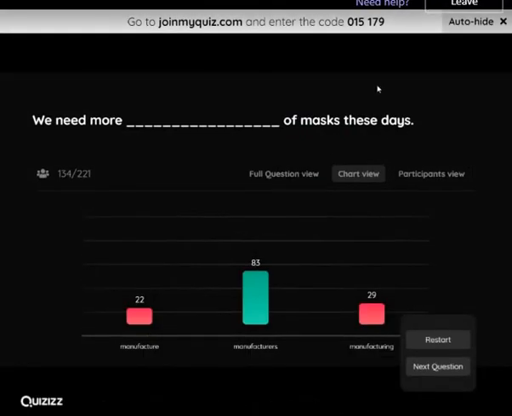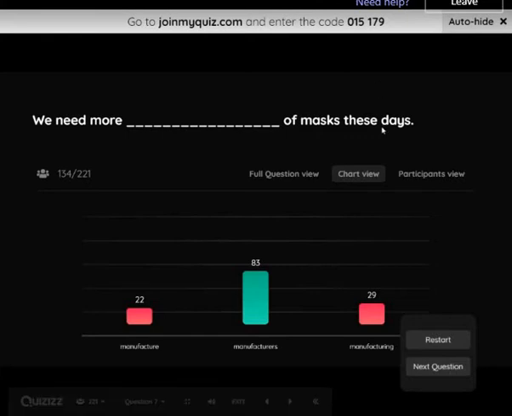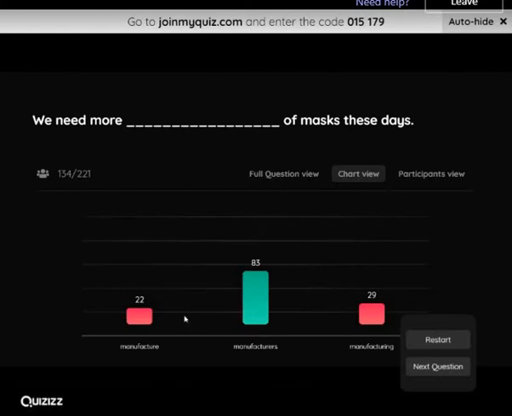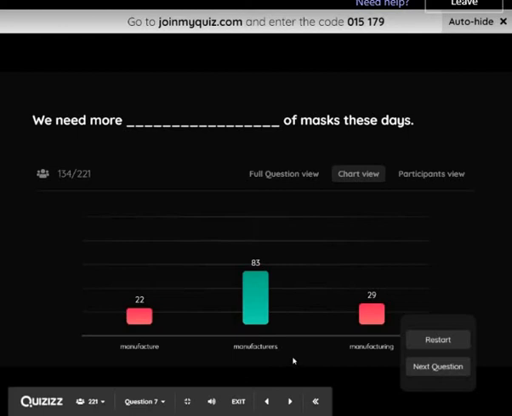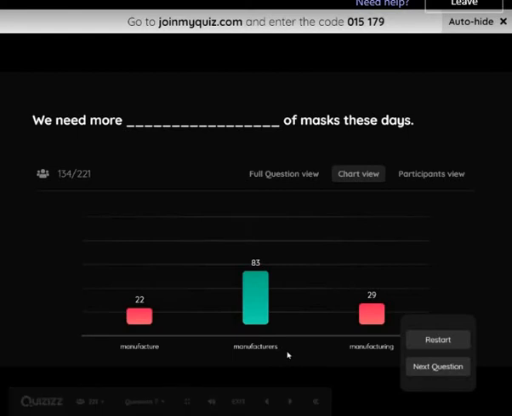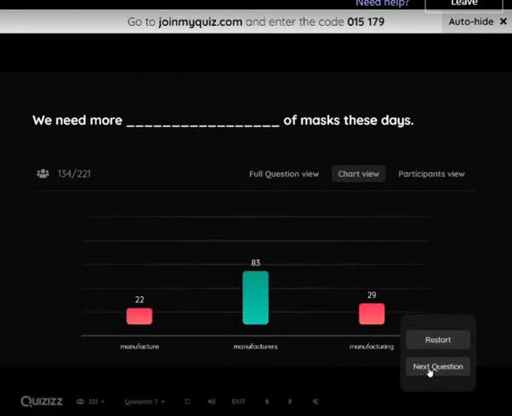All right, well done. We need more manufacturers. Again, agent noun, manufacturers. So the verb is manufacture, and the agent noun is manufacturers. It means producers.